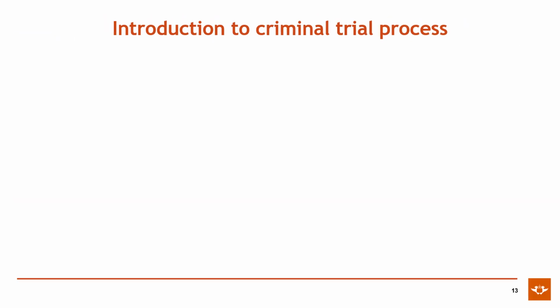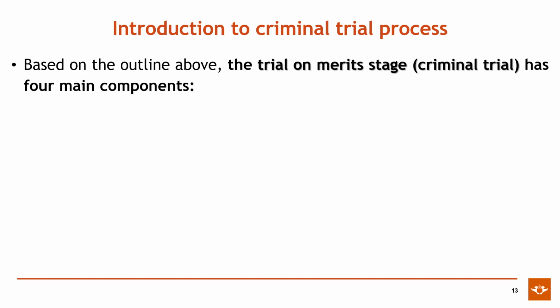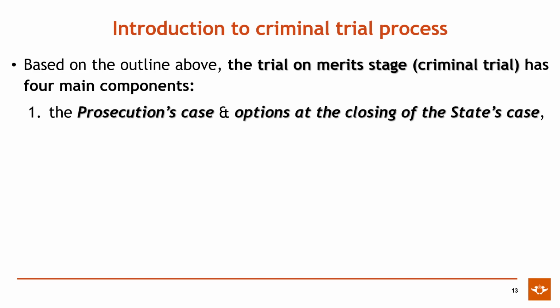Based on the preceding discussion, we can effectively identify four main components or steps or processes that must be followed during the trial on merits phase. So, the first is that the prosecution, as we said, has the responsibility to start the case and substantiate its allegations against the accused.